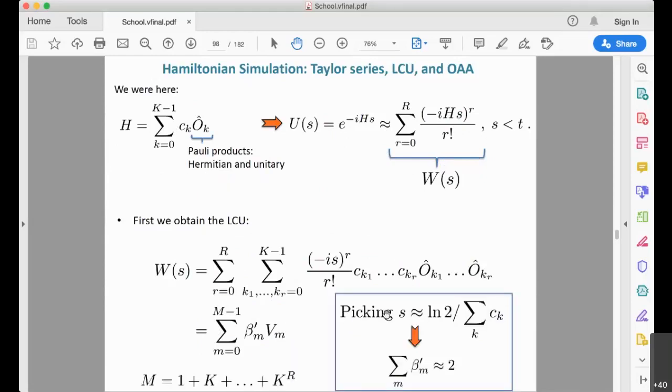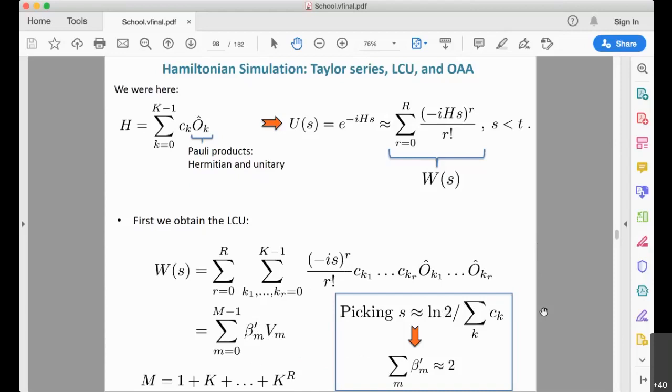So in order for these coefficients to satisfy the condition, note that they depend on the evolution time. To satisfy that condition, so that the whole linear combination can be made half of a unitary, I need to pick my evolution time in a special way.